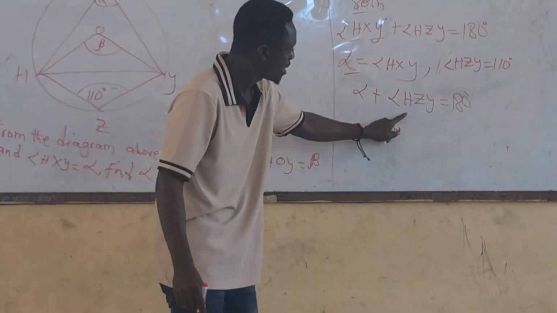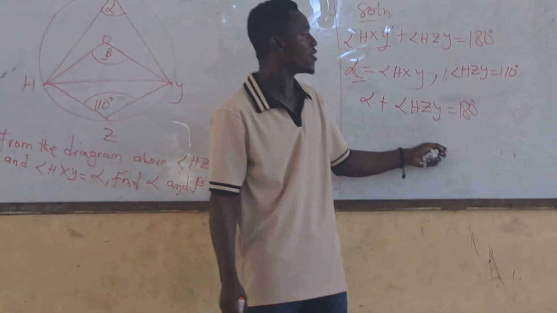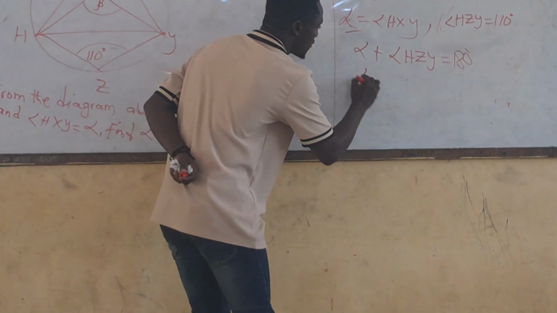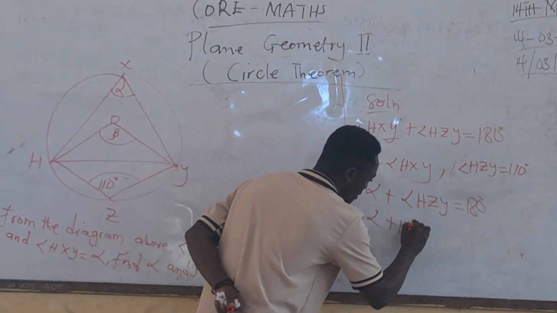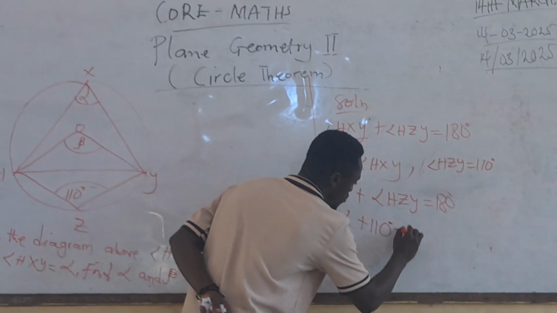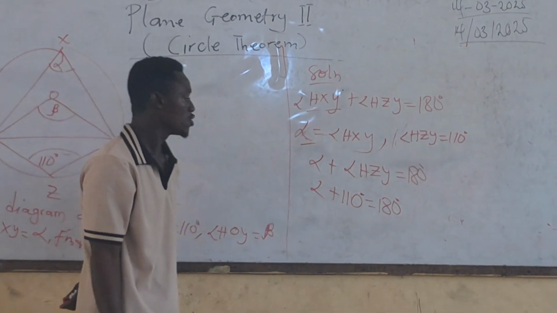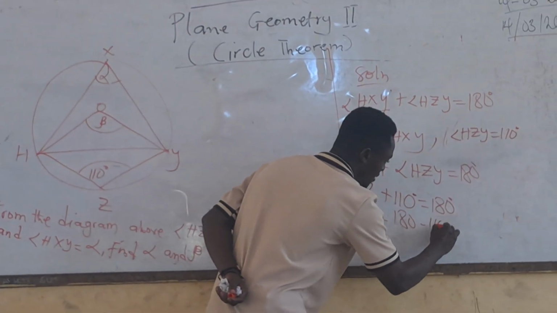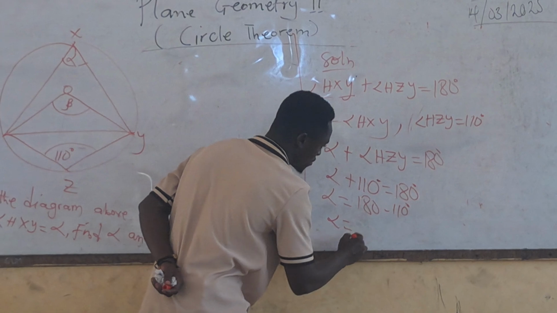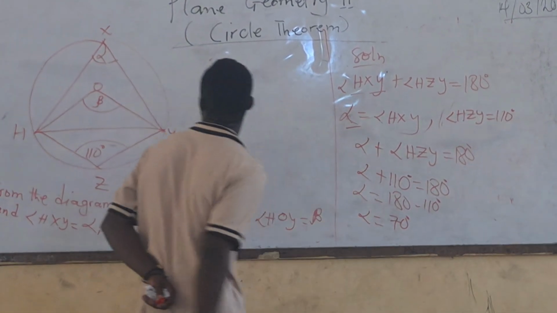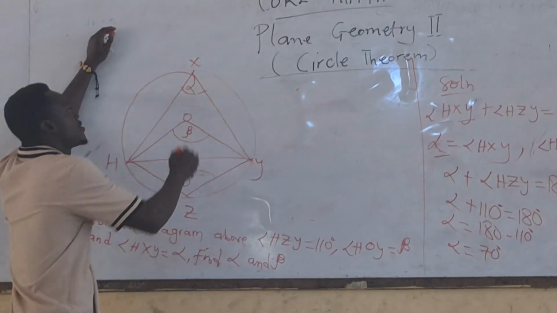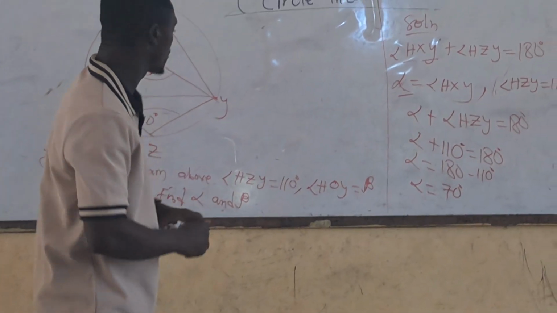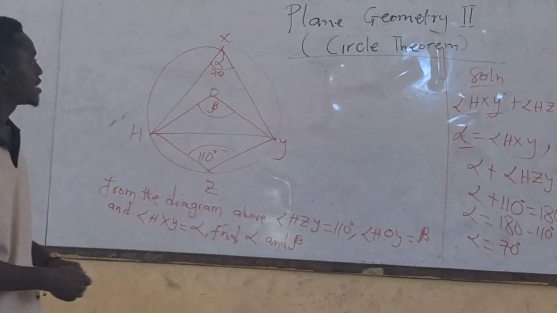So we can substitute 110 degrees, and we have alpha plus 110 degrees equals 180 degrees. Therefore, alpha is equal to 180 minus 110, so alpha equals 70 degrees. Since we have found alpha, you can put alpha here. The question then says we should find beta.